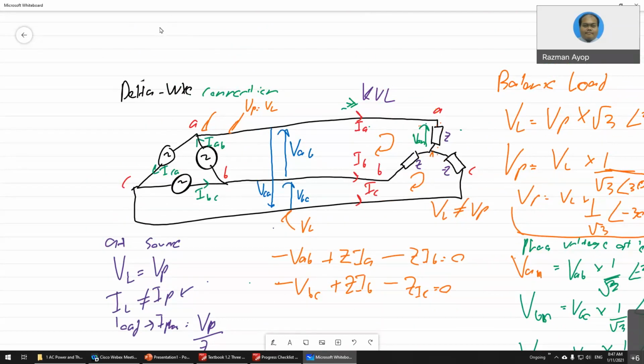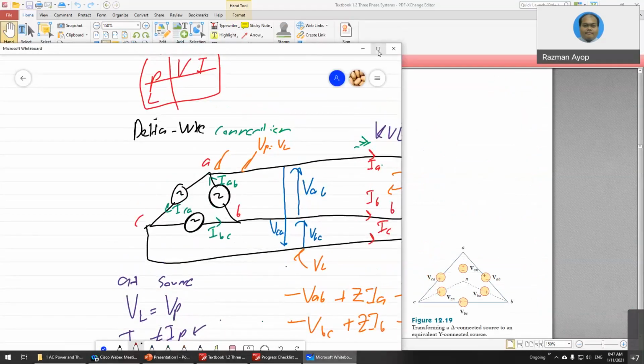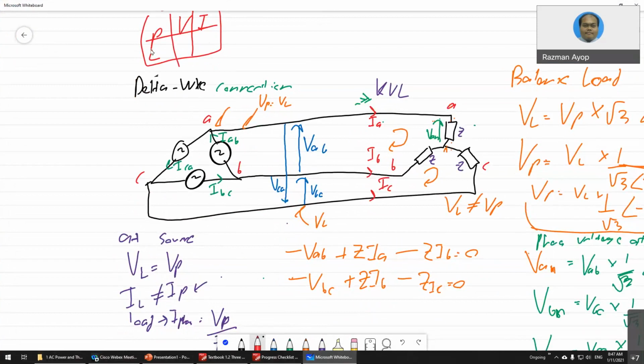You have to find voltage and current at phase and line, four of these at source and load.